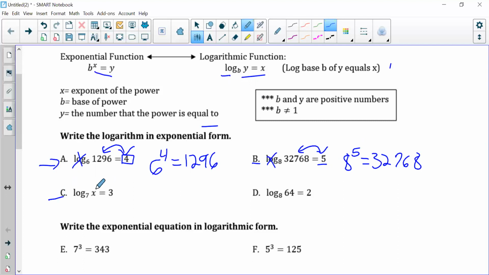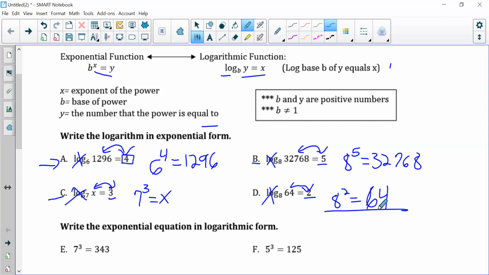Let's look at c. Switch them places, this is an exponent, this goes away. So 7 to the 3rd power equals x. One more time, switch them places, this is an exponent, this goes away. 8 squared equals 64. Oh, and hey, this one we know is true, right?